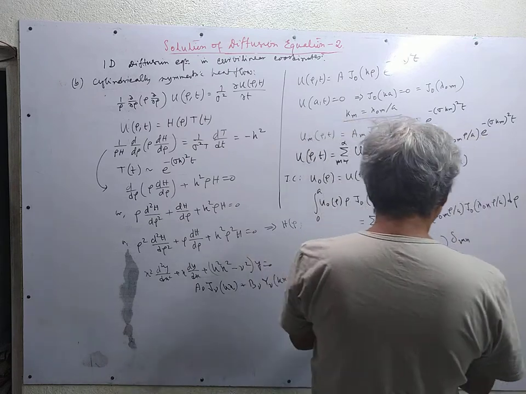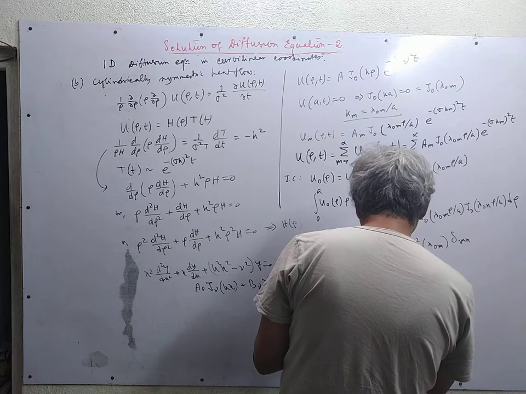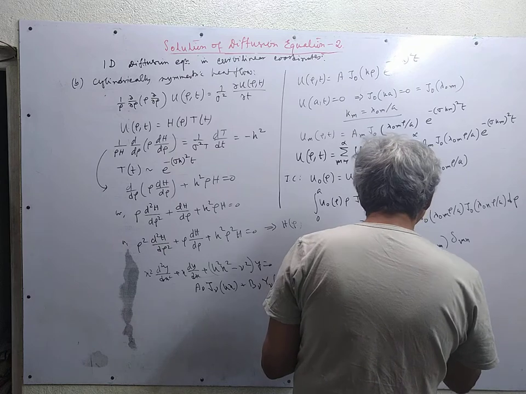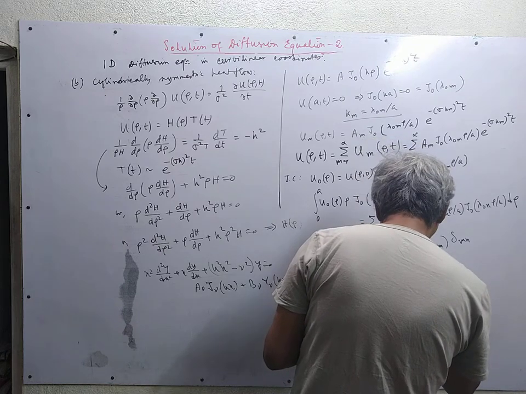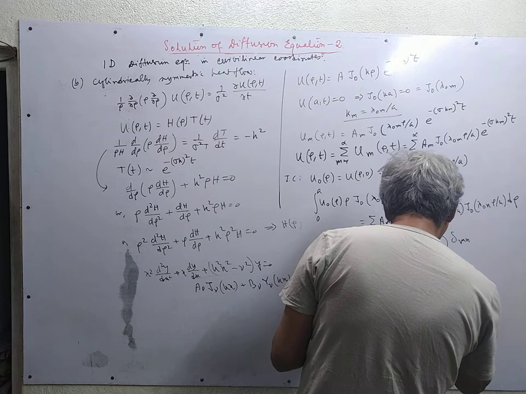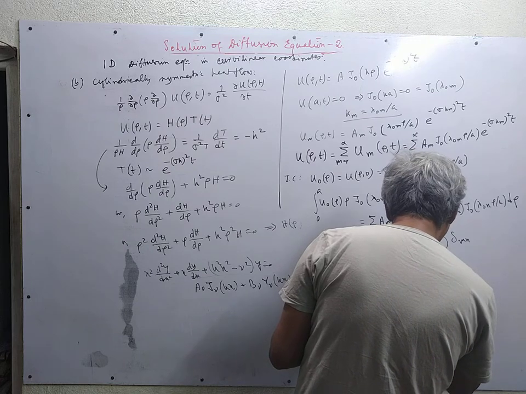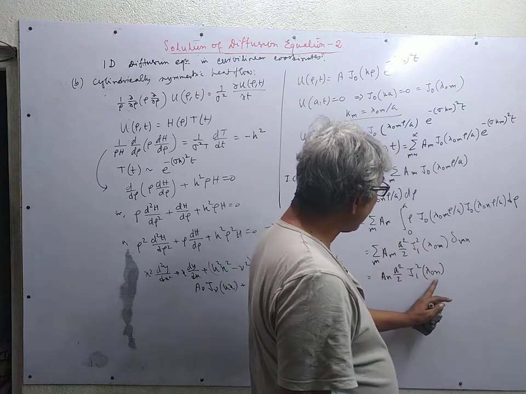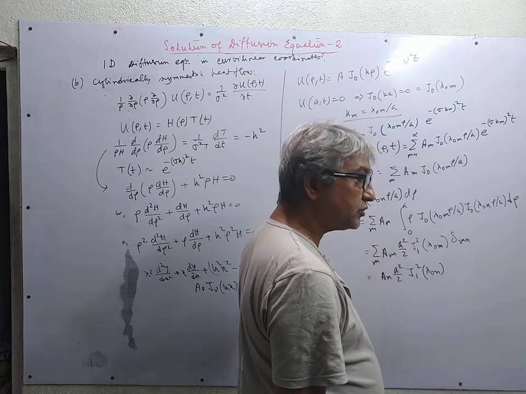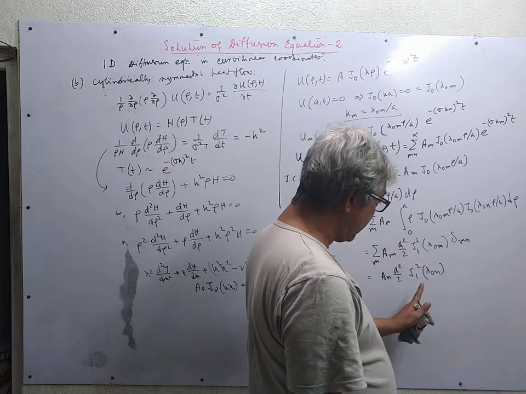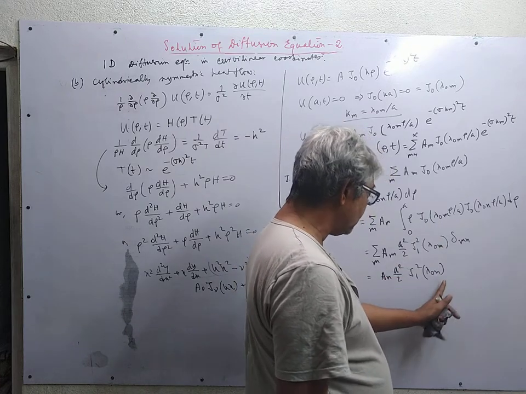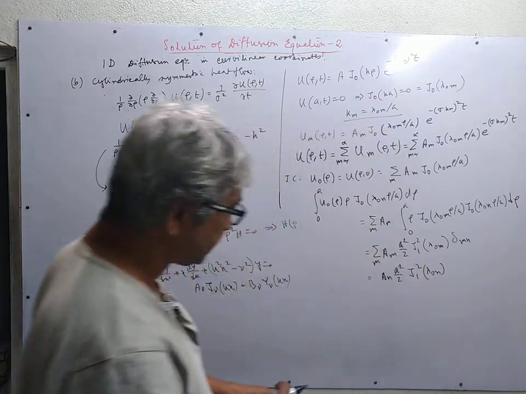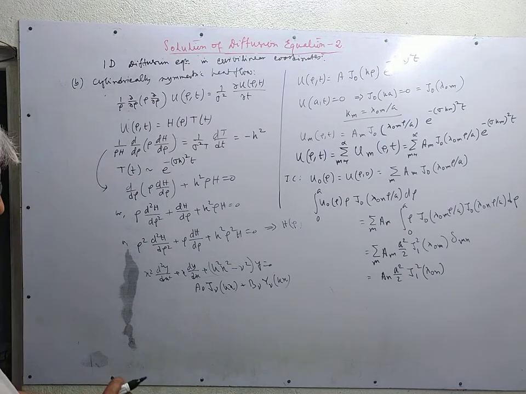For m equal to n, this gives you an a squared by 2 J1 squared of lambda 0n. You see that these lambda 0n are the zeros of the Bessel function J0, but they are not the zeros of J1, so this value is non-zero, and which enables us to determine the constant an.